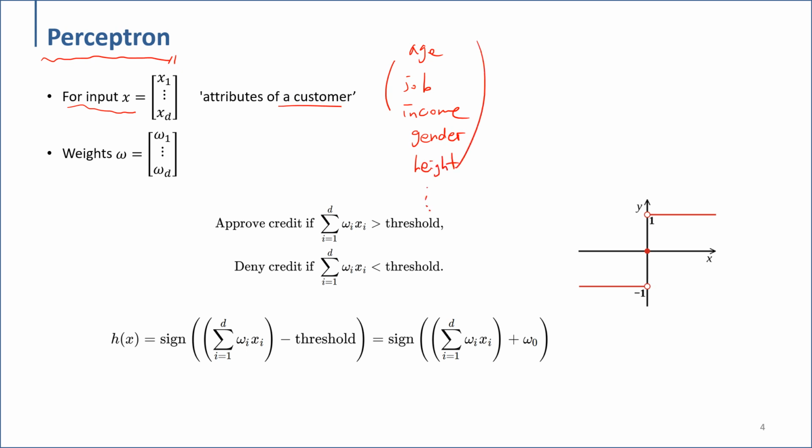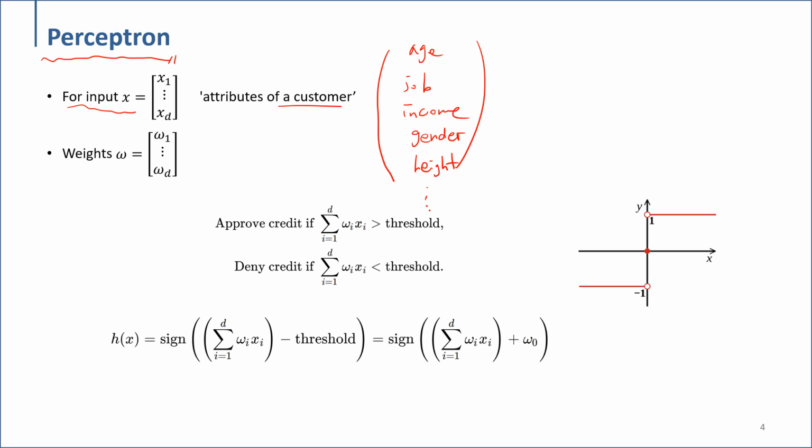For these inputs, some should have very high weight to determine whether we should lend money or not, and some are unimportant factors, like height or weight.